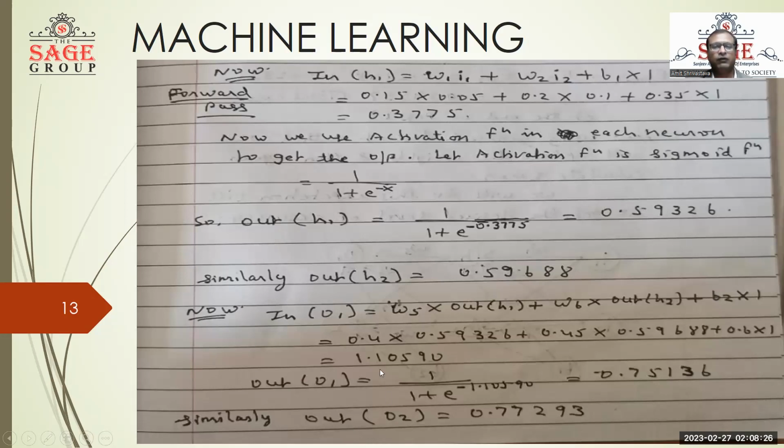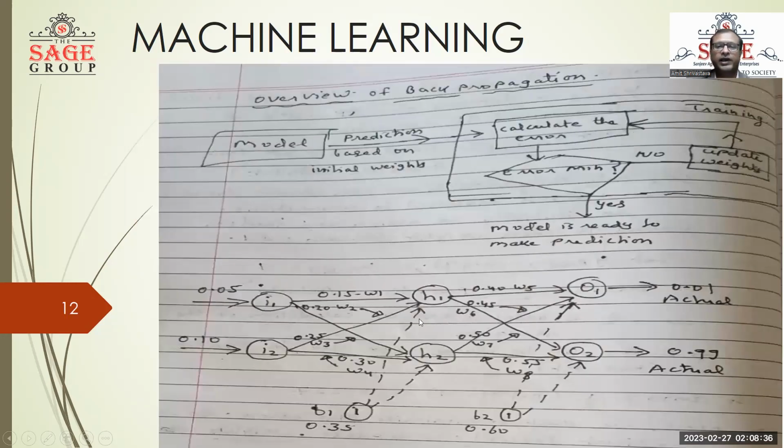Now, first of all, let us see how it works. First, we have to calculate the total input coming towards H1. The total input coming to H1 is through this weight W1 and this weight W2. Okay.